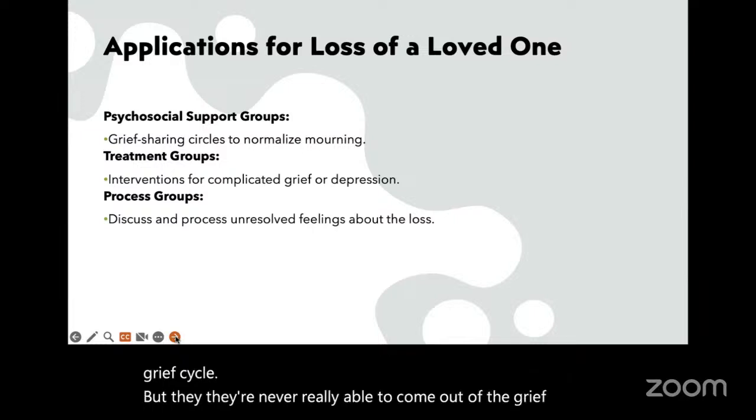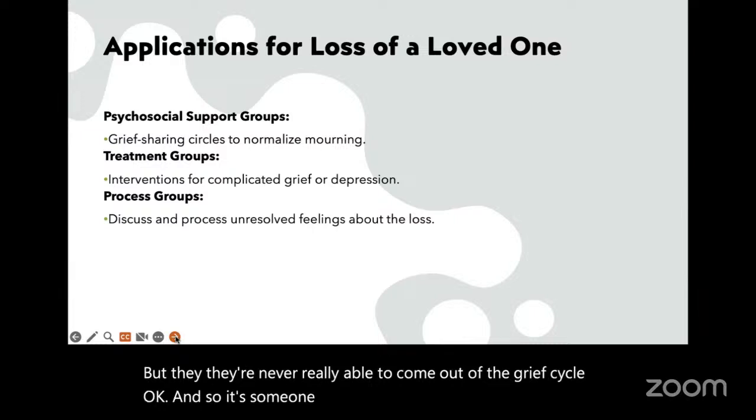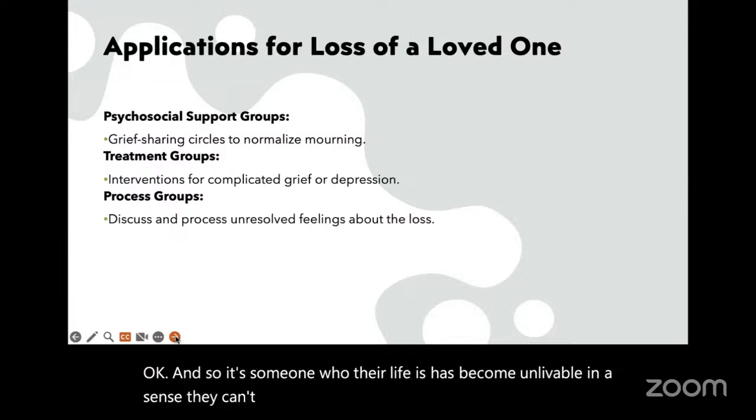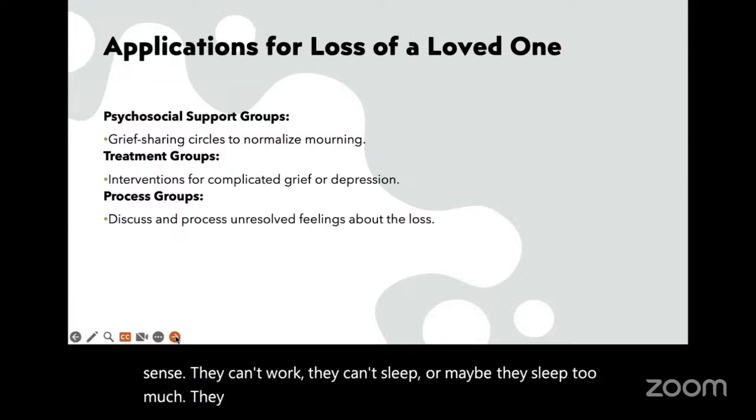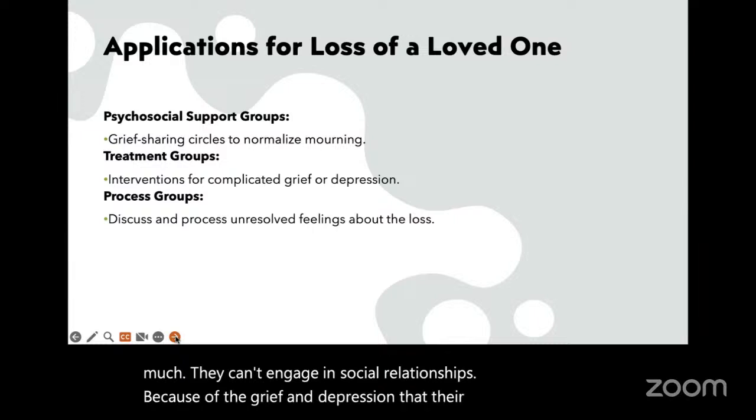Okay. And so it's someone whose life has become unlivable in a sense. They can't work, they can't sleep, or maybe they sleep too much. They can't engage in social relationships because of the grief and depression that they're experiencing from the loss of a loved one.